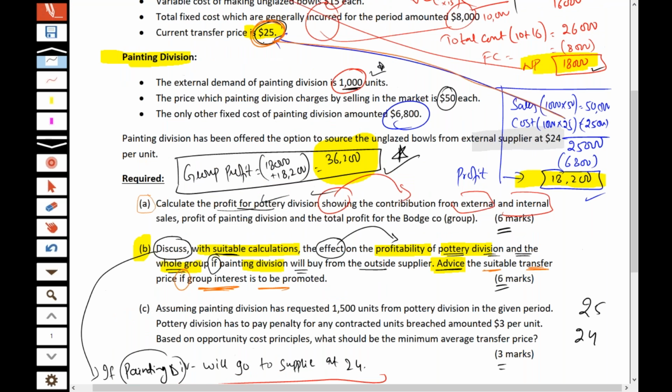Previously the internal division was transferring at 25 and it got an external offer at 24. That will be a $1 saving.